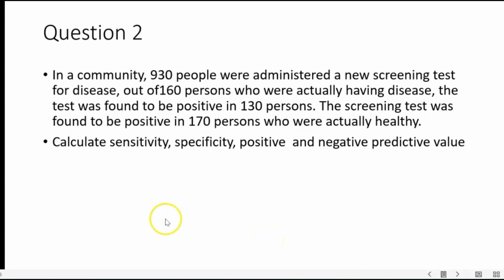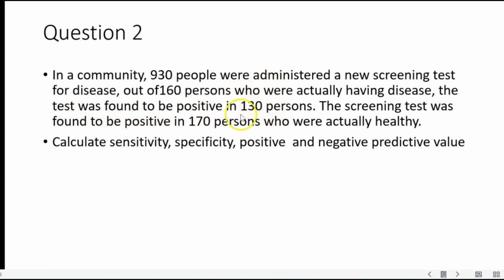This is question number 2. In a community, 930 people were administered a new screening test for a disease. So 930 is A plus B plus C plus D, the total number of patients. Out of 160 persons who were actually having the disease, the test was found to be positive in 130.